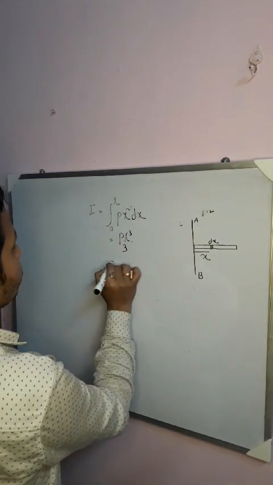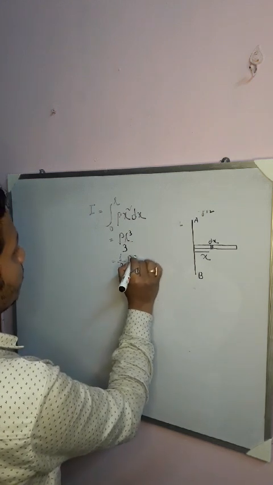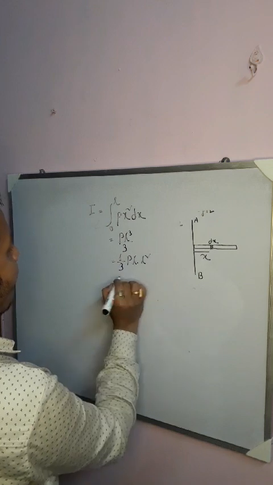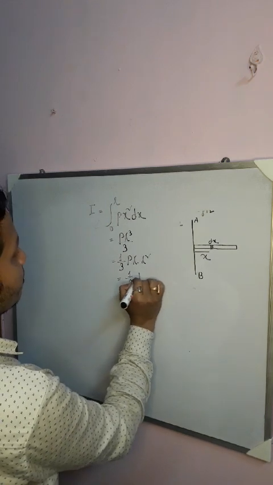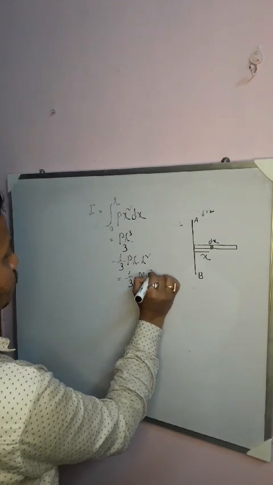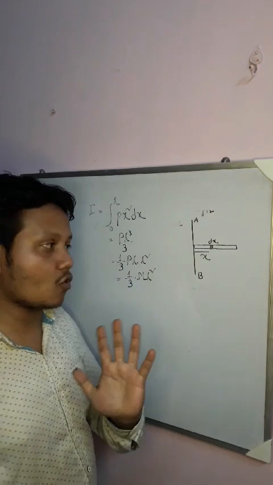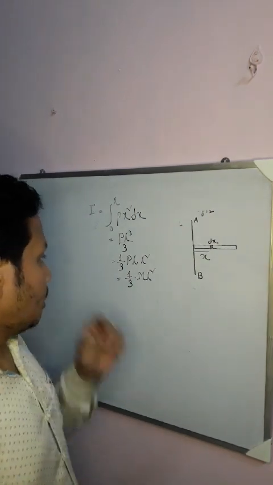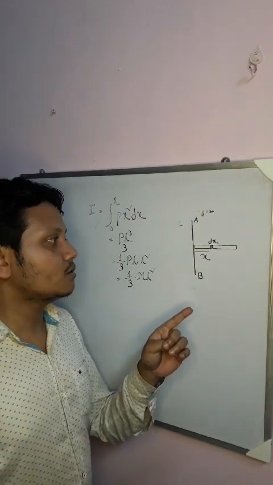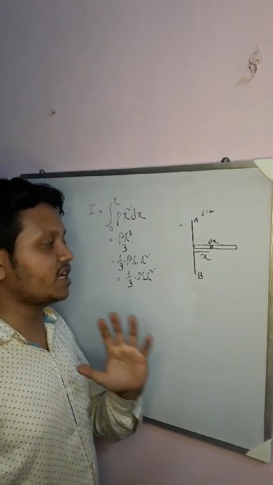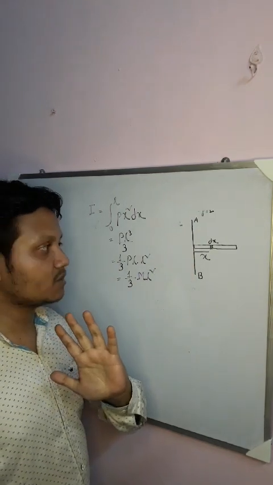We can write this as 1/3 rho L into L square, so this is 1/3 M L square, since M equals rho L, the mass of the rod. So this is the moment of inertia of a thin rod about an axis passing through one end and perpendicular to the length.